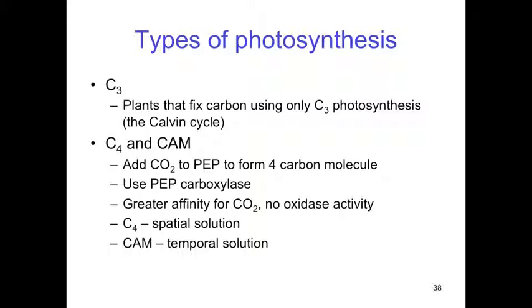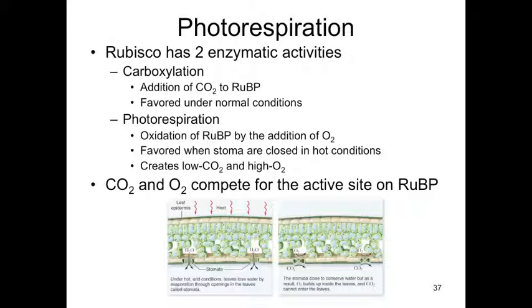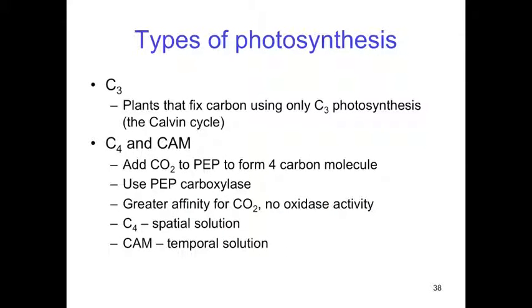This is a C3 cycle. There are 2 other types of photosynthesis, which are C4 and CAM, and both of these have evolved to overcome photorespiration. In both situations, carbon dioxide is fixed to PEP, which is otherwise known as phosphoenol pyruvate.